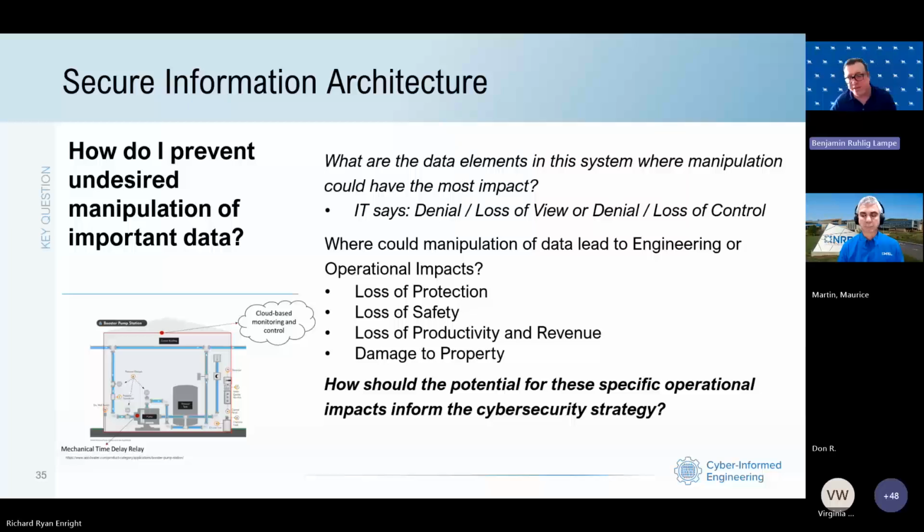Or for these other set points, we can be aware of them, but there's a different behavior around those data values. It's that conversation where the engineers are best positioned to describe where any manipulation amongst all the data has the greatest impacts, so that cyber can help align to that story versus just trying to do it all. So I'll hand it back over to you, Maurice.